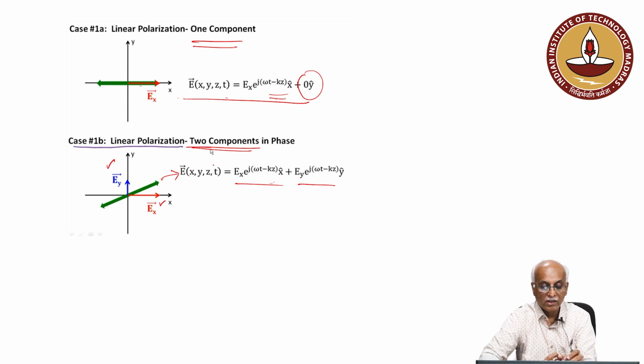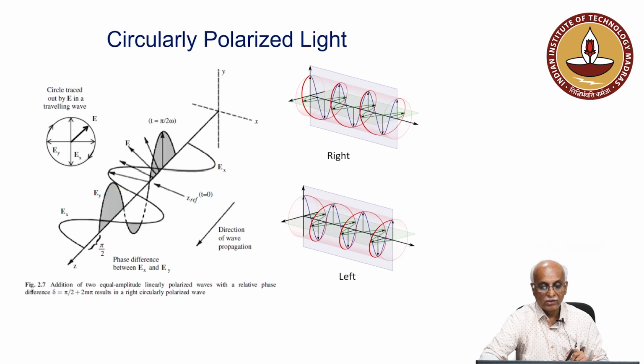This is the resultant of the two components. So the resultant field would be oscillating in a plane, linearly polarized in a particular plane, with theta as the angle with respect to the x-axis and 90 minus theta for the y-axis. So that is the way.